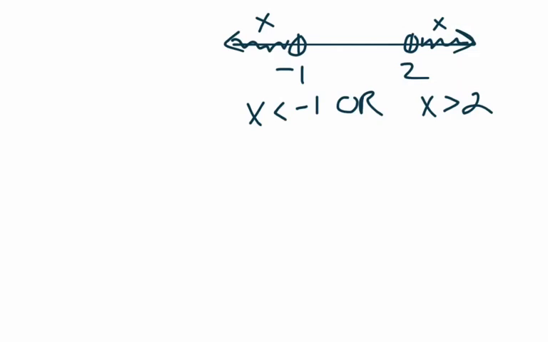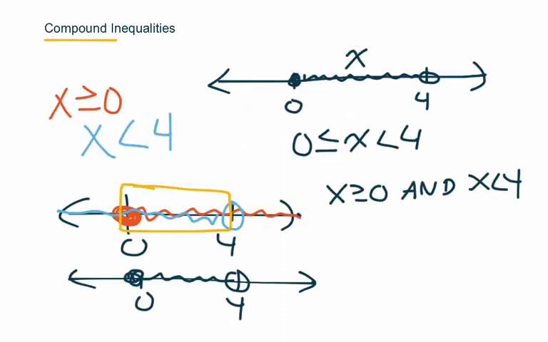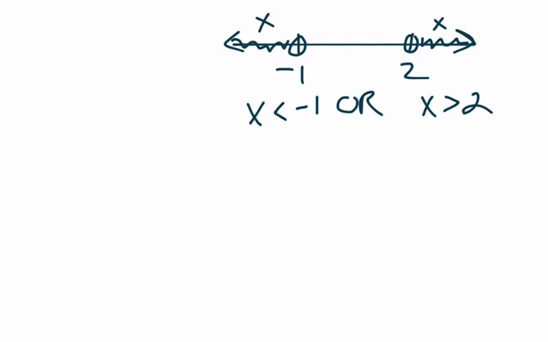What I like about this notation is that on the number line, it's two separate sections. And when you write the inequality, you have two separate inequalities. This one is one section of the number line, and so you can write it as one inequality.